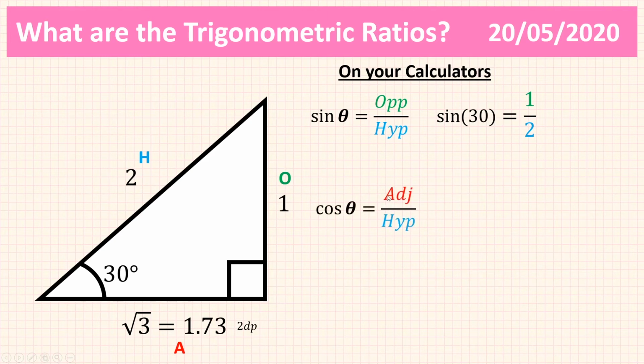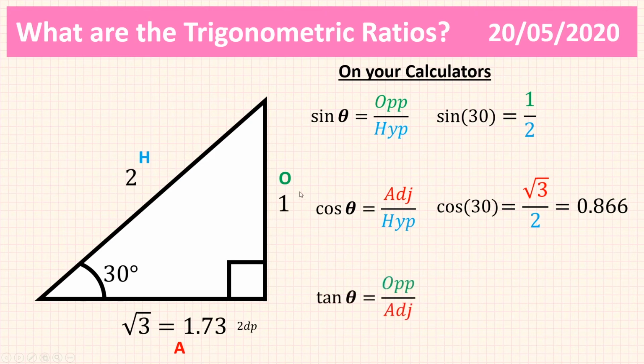If I do my adjacent divided by my hypotenuse, 1.73 divided by 2, I should get the same as doing cos 30. So cos 30 on a calculator gives me 0.866. And if I did root 3 divided by 2, my adjacent divided by my hypotenuse, I'd get the same answer.